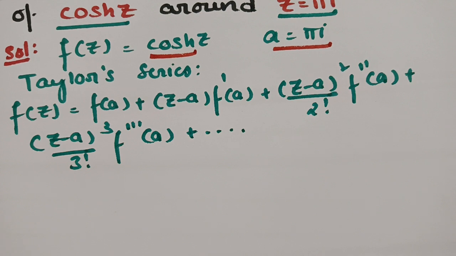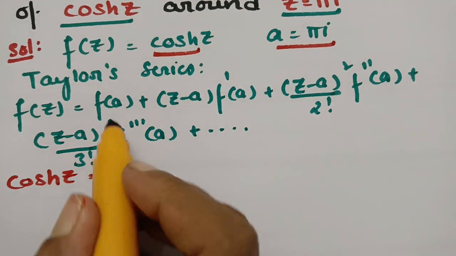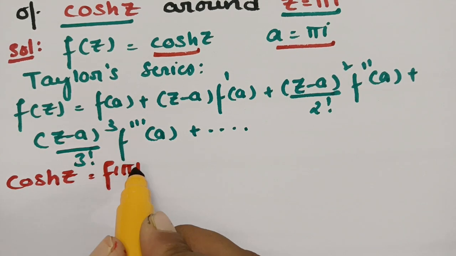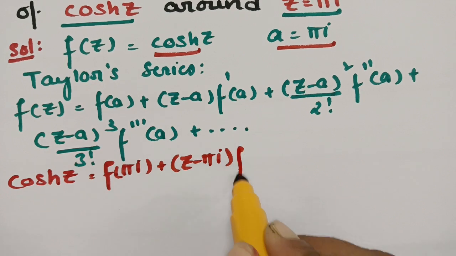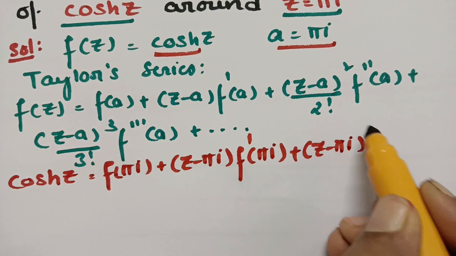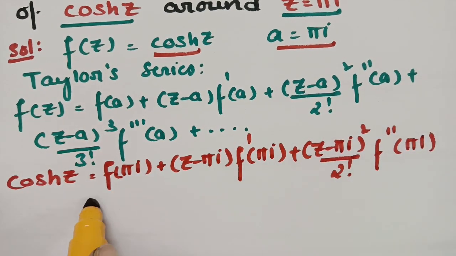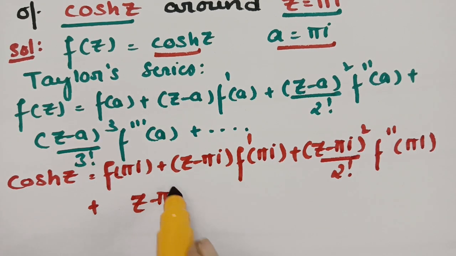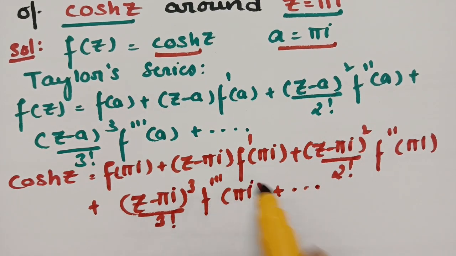So cos hz is equal to f of pi I plus z minus pi I into f dash of pi I, plus z minus pi I whole square by 2 factorial into f double dash of pi I, plus z minus pi I whole cube by 3 factorial into f triple dash of pi I plus and so on.